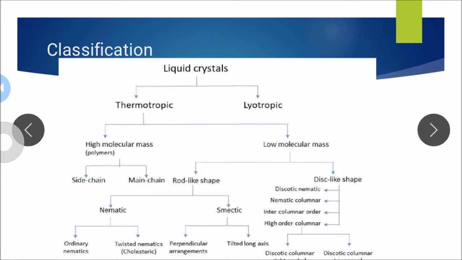The disc-like shape are further classified into discotic nematic, nematic columnar, intercolumnar order, and high order columnar. Likewise, we have the classification in disc-like shape. And the high order columnar can be further divided into discotic columnar, discotic columnar nematic, and smectic-like arrangement.